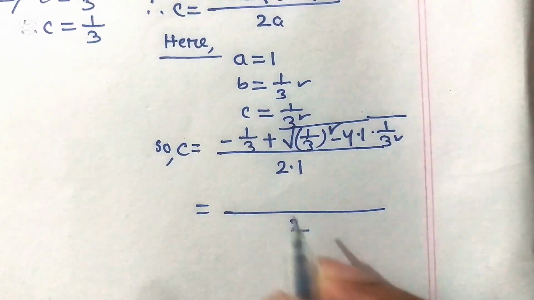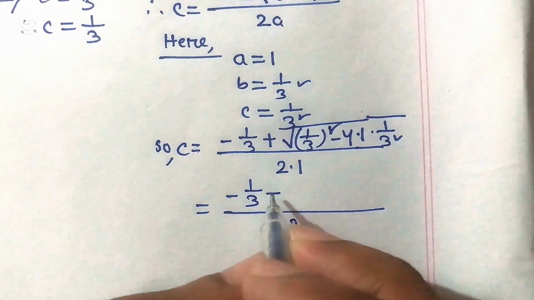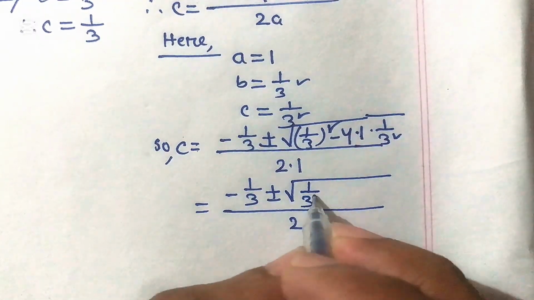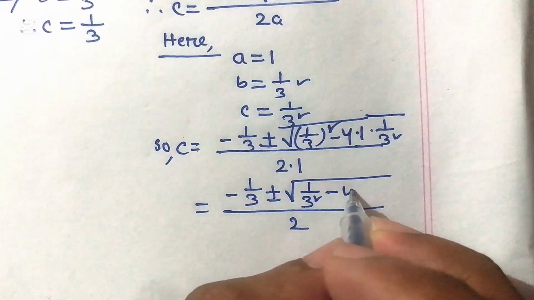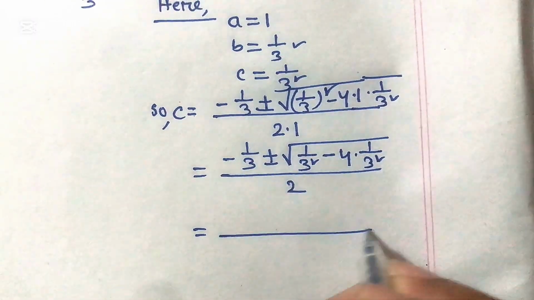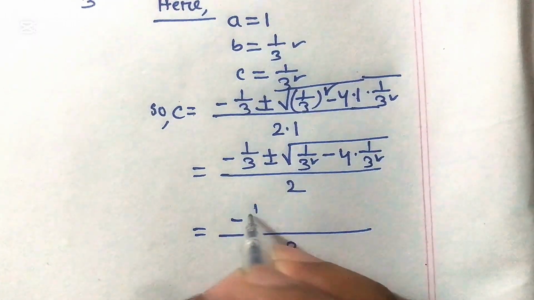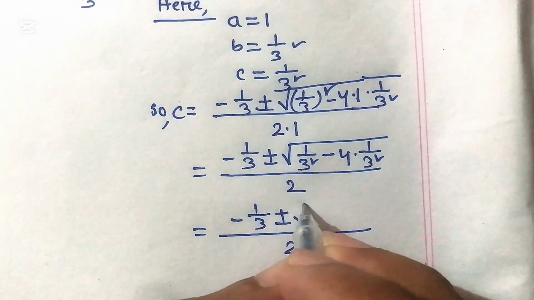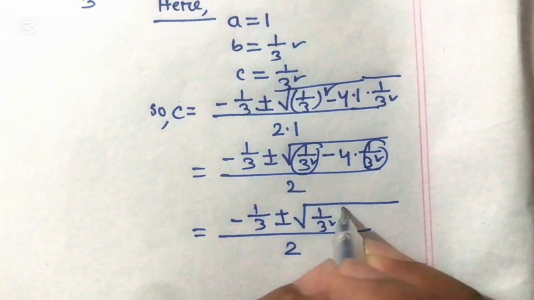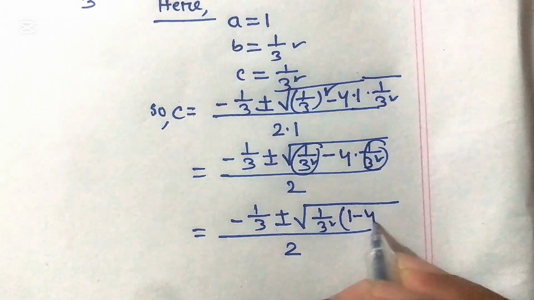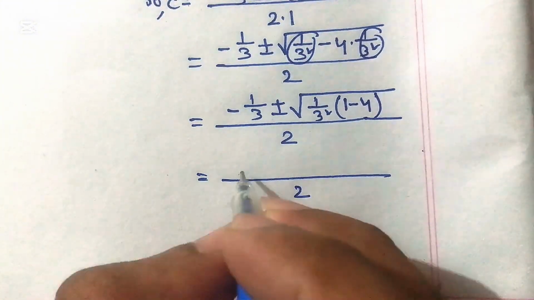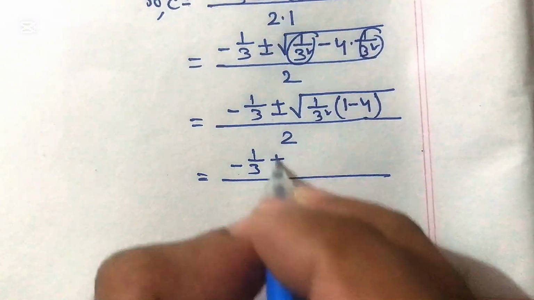So (−1/3 ± √((1/3)² − 4(1/3)²)) / 2. Here we can take (1/3)² common, so (1/3)²[1 − 4].